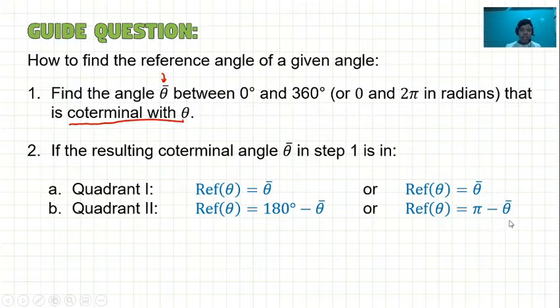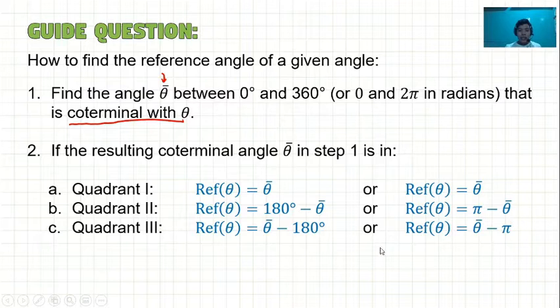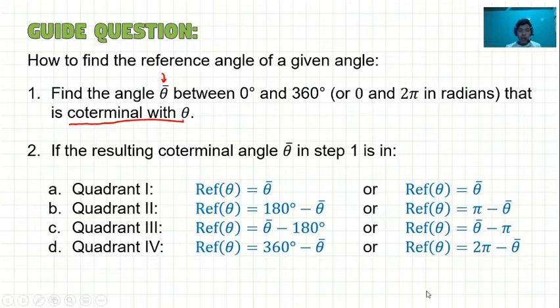Next, if it is at quadrant 3, the reference angle will be equal to theta bar minus 180 degrees, or in radians, theta bar minus pi. And if it is at quadrant 4, the reference angle is equal to 360 degrees minus theta bar, or 2 pi minus theta bar.